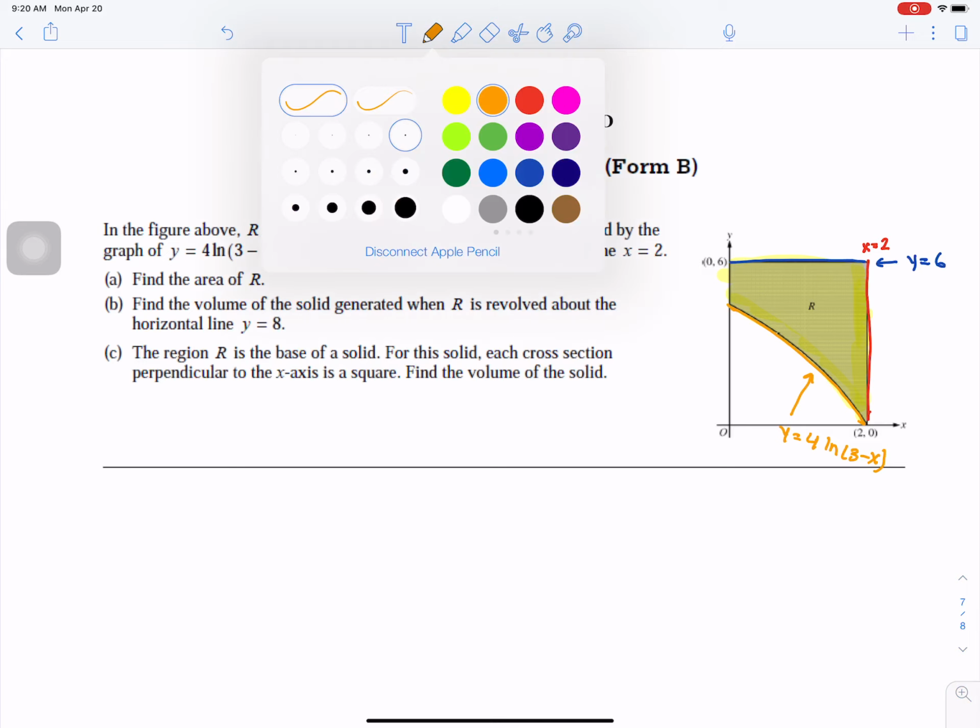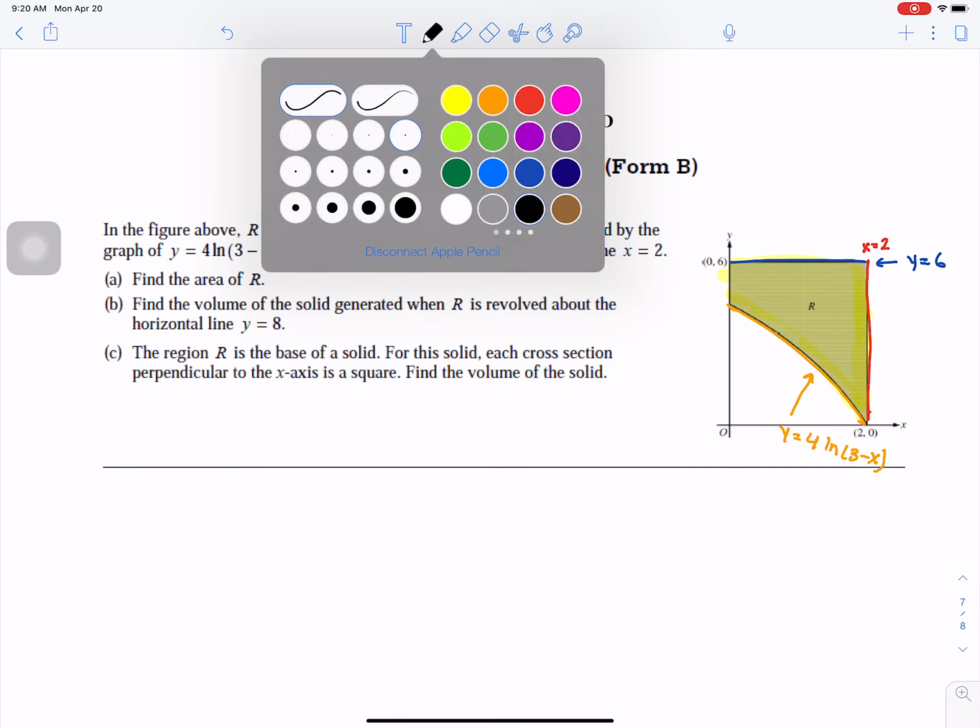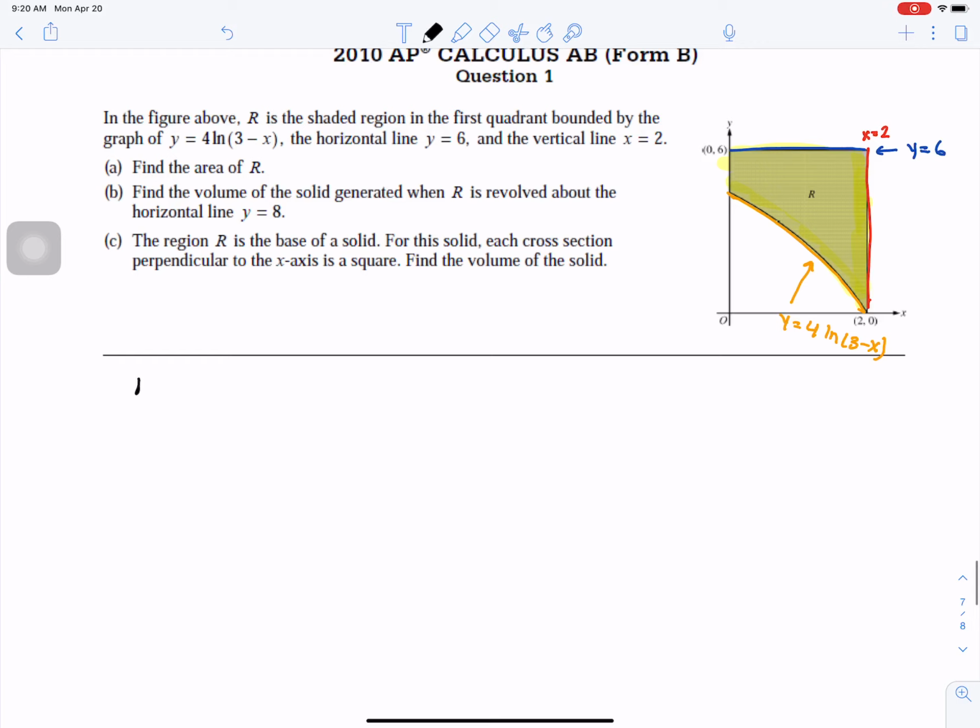We've done this in areas under curves. My area is the integral from where the shading starts to where the shading ends of the top curve, which is 6, minus the bottom.